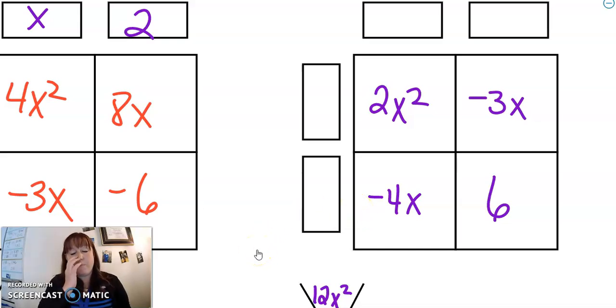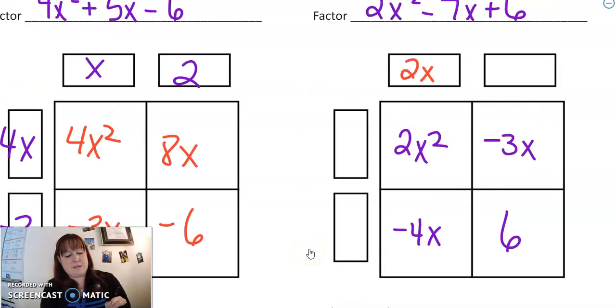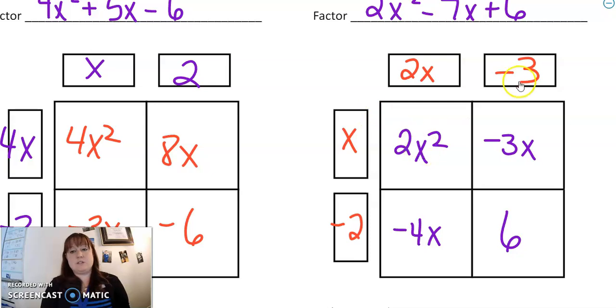Totally fine. Okay, so now I figure out what numbers multiply to 2x squared. Well, that would be 2x times x. That would give me 2x squared, wouldn't it? And then this has to be negative 2 so that I could get negative 4. And then this has to be negative 3, and does that work? Yeah, when I multiply this, I get 2x squared minus 3x minus 4x plus 6.